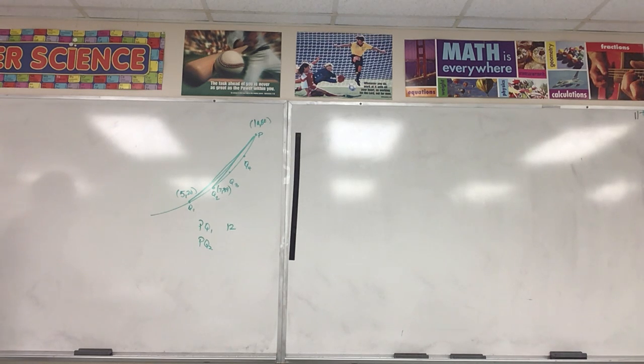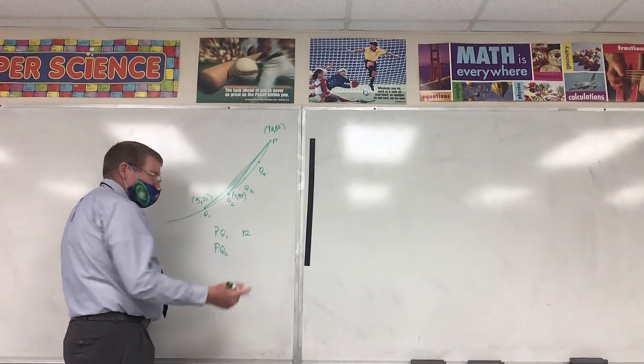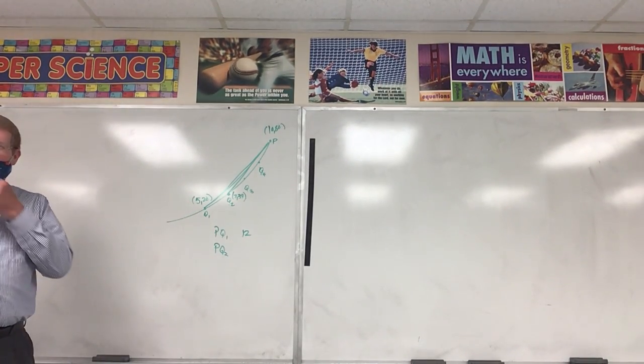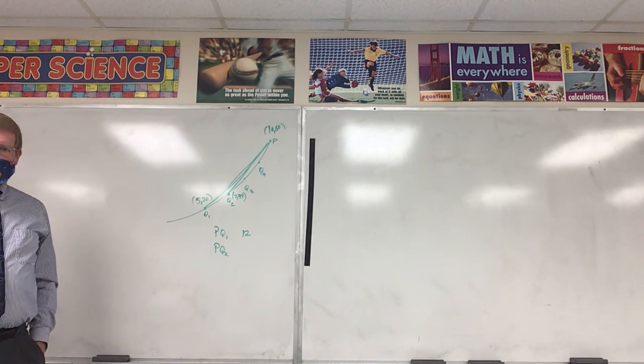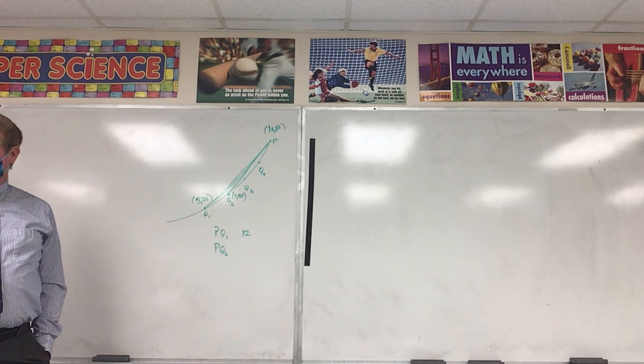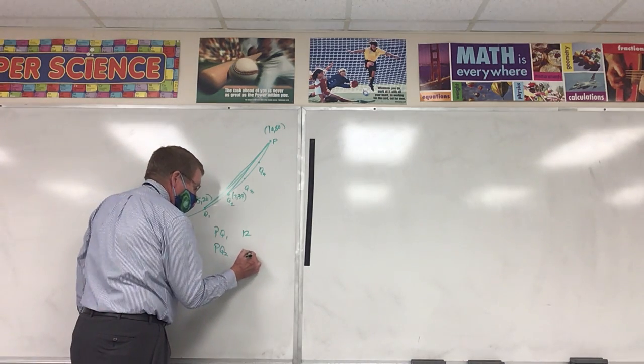So my slope there is 41 over 3. What's 41 over 3 in decimal form? It'll be 13.6 repeating.